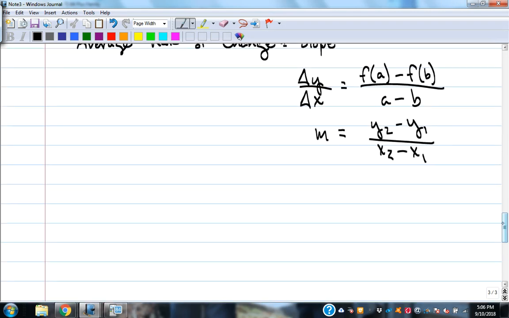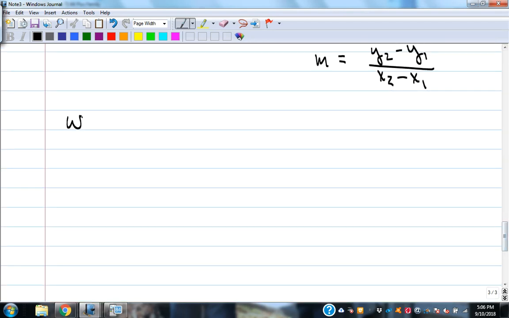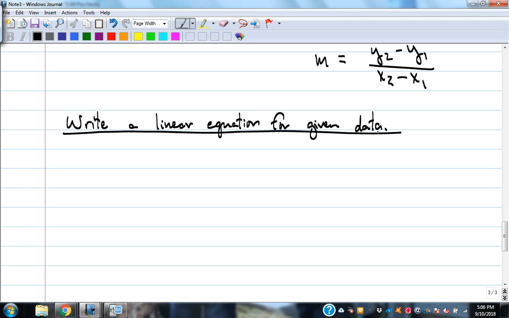All right. Next thing we want to do is take some data and use the average rate of change to help us write a linear equation based on that. Okay, so we're going to write a linear equation for given data. And they might have a big long story problem that goes with this.